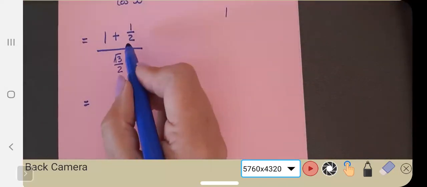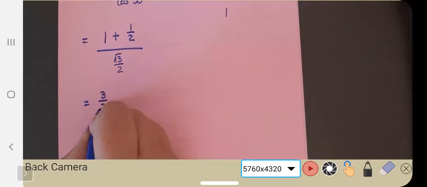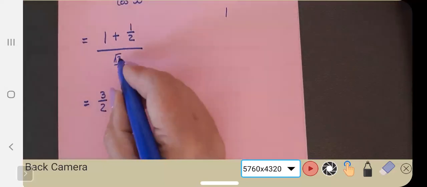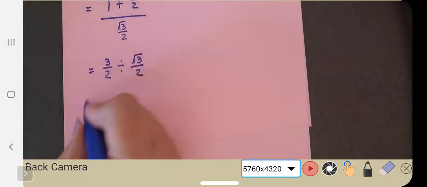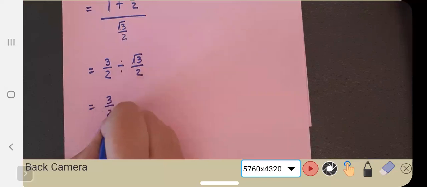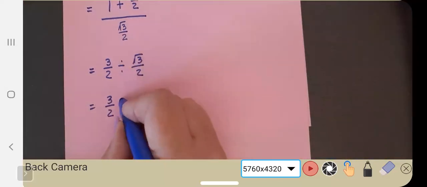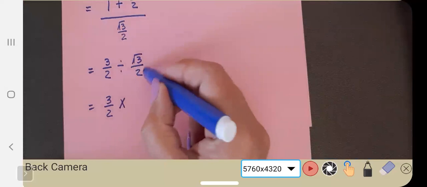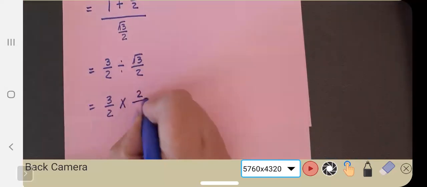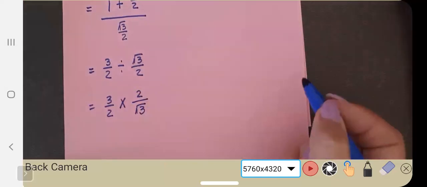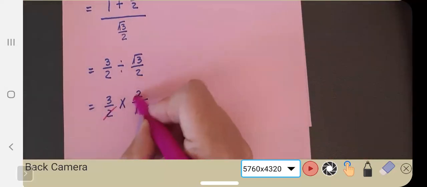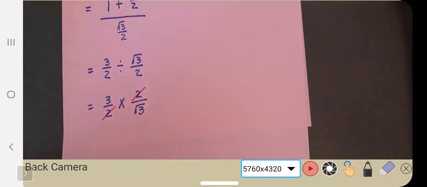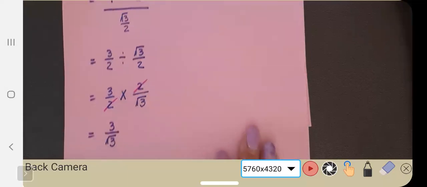One plus a half gives me 3 halves, divided by square root 3 over 2. This is 3 halves, the divide becomes a times, and you get the reciprocal. Now the 2's can cancel out, and we get 3 over square root 3.